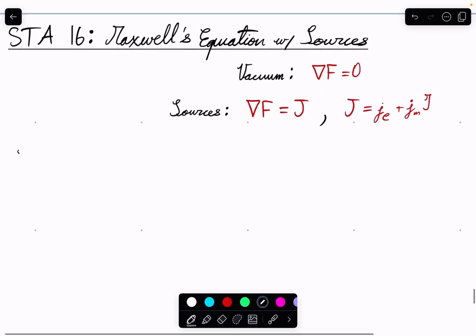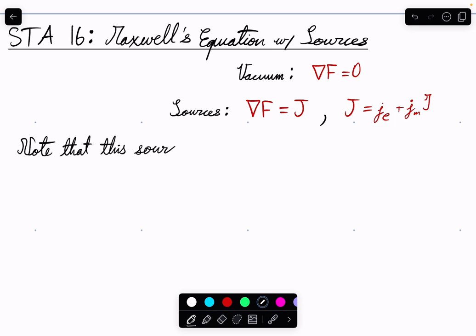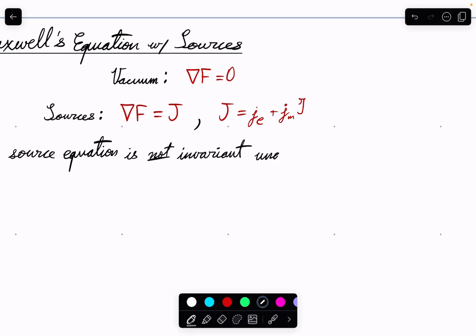Note that this source equation is not invariant under the global phase map, where you take f and you map it to some phase e to the i theta f, because when we covered this before, we saw that the vacuum equation is invariant under this mapping.